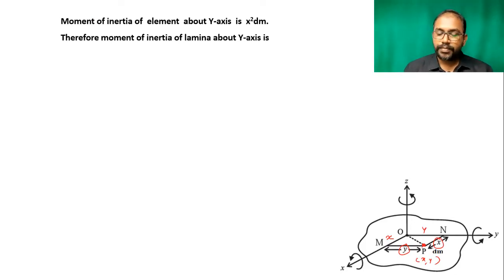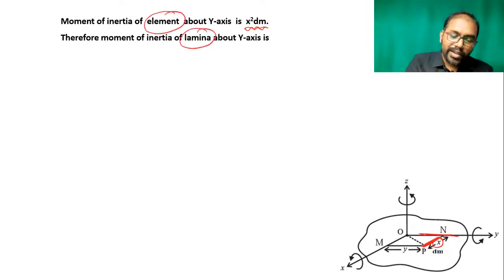Now after that, we can write here the moment of inertia of the element about the y-axis. You know that from the y-axis, you can see here, this is the y-axis, the P is at a distance x. So distance square into mass, x square dm, is the moment of inertia. Now in a similar way, we replace the word element by body, or we can talk about the lamina, the plane surface.